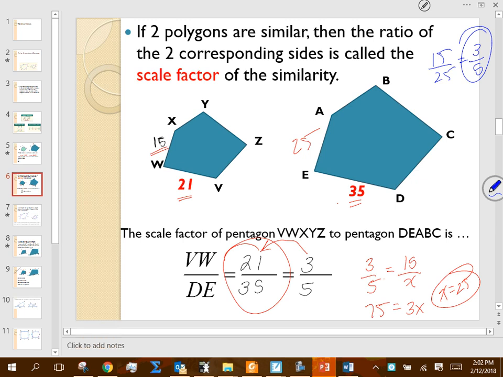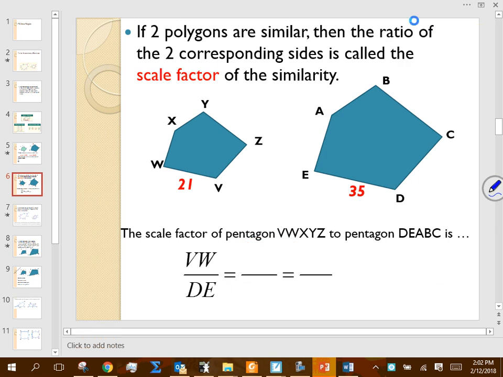Now, some of you, that's the way I'm going to do these problems in class in front of you, because I think that opens the door for everybody to be able to have a planned procedure, a planned method for finding these missing parts. But some of you might realize this, and it's doing the exact same thing, it's just not as explicit. You might know that, okay, if this is 15, how can I find x?